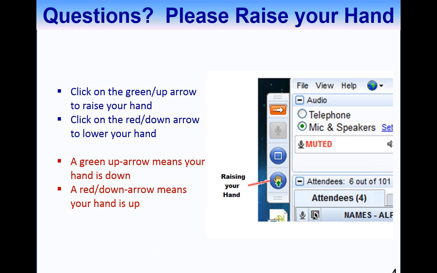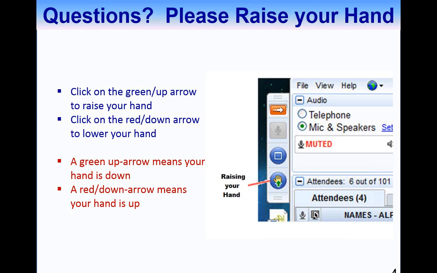We'll watch for hands. If you have a question, let us know and then we can unmute you and you can ask your question. It may not be immediately. It may take me a minute or two to see the hand or to find a break in something Leoni is saying, but we will get to you.